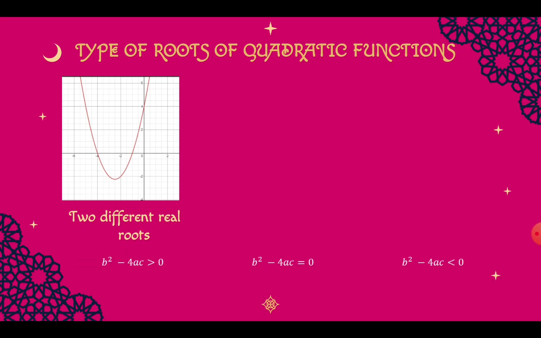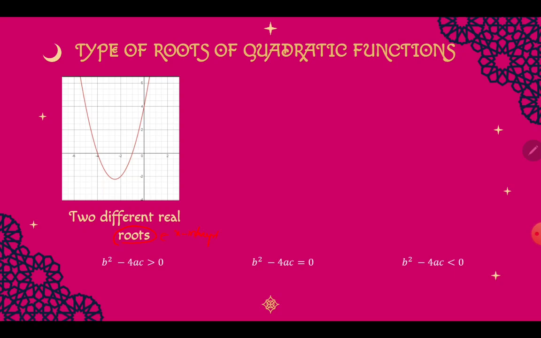As we know, roots are the values of x, the x values that lie on the x-axis. So we are talking about the x-intercept actually. Roots are actually the x-intercepts. So where is the intercept?